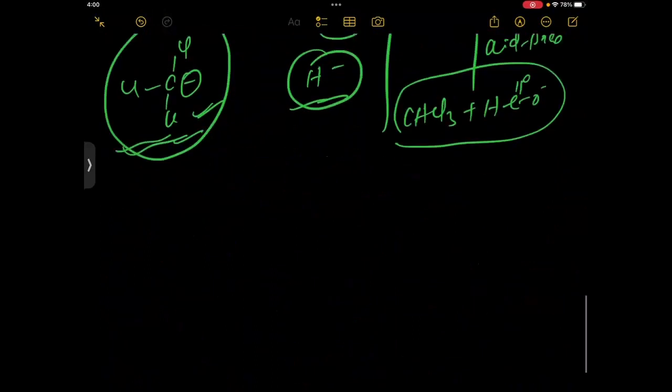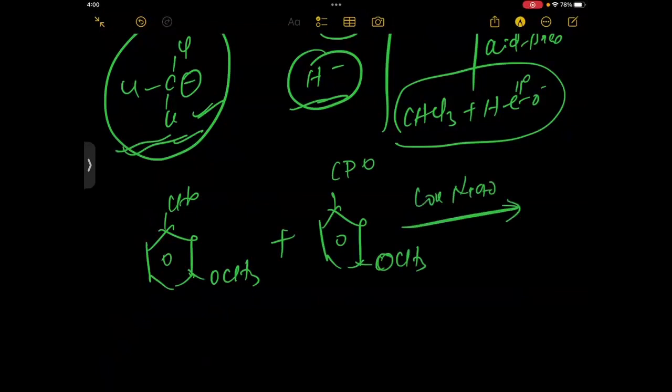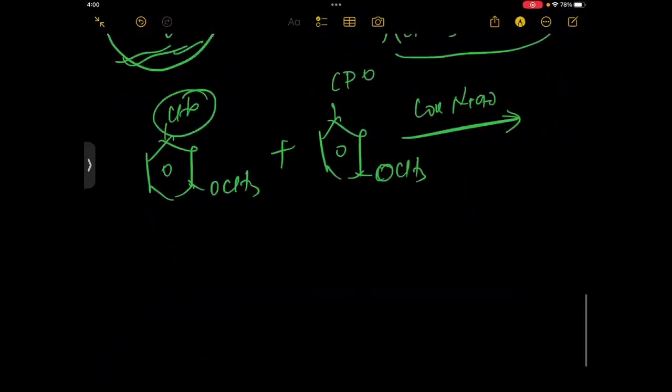Now I give one example. You tell me the answer. Here is CHO and here is OCH3. The second compound is CDO and OCH3. Can you tell me when we take conc NaOH, what will happen? What product will form? Students, CHO and CDO, which is more reactive? Obviously, CHO is more reactive than CDO, where D means deuterium.